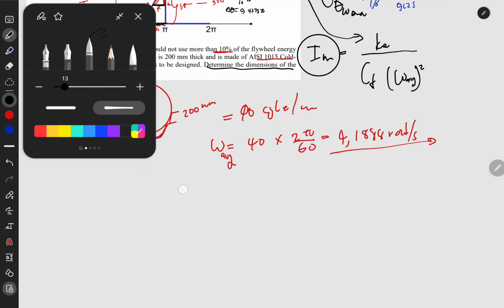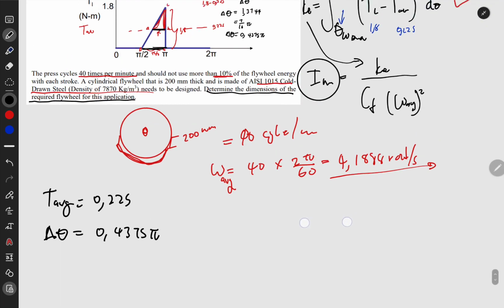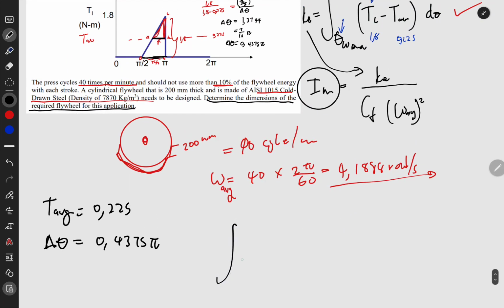Go up a little. We have our t average, of which it was 0.225. We have our change in theta, of which we just got 0.4375 pi. That's there. Okay, and now we can integrate to get KE.